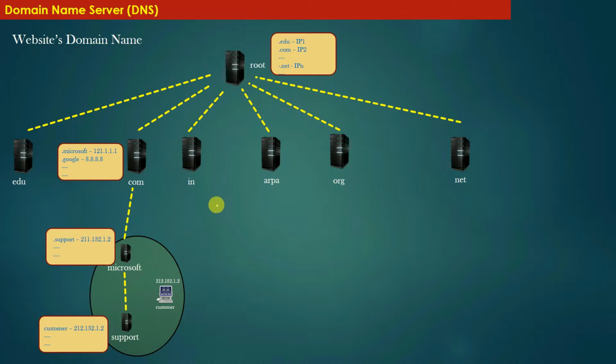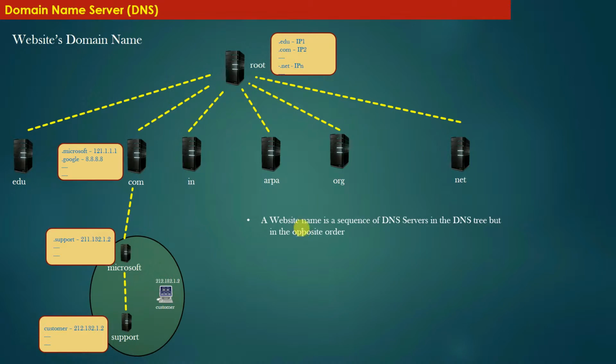In this diagram, I have shown you the root DNS server and the top level DNS servers. Below the top level DNS server called com, there is a Microsoft DNS server. And as a child of this Microsoft DNS server, we have another subdomain DNS server called support. This is the DNS tree, and we have been discussing it quite a bit now.